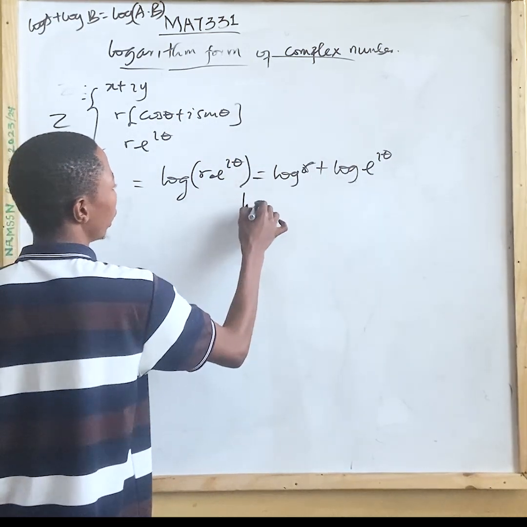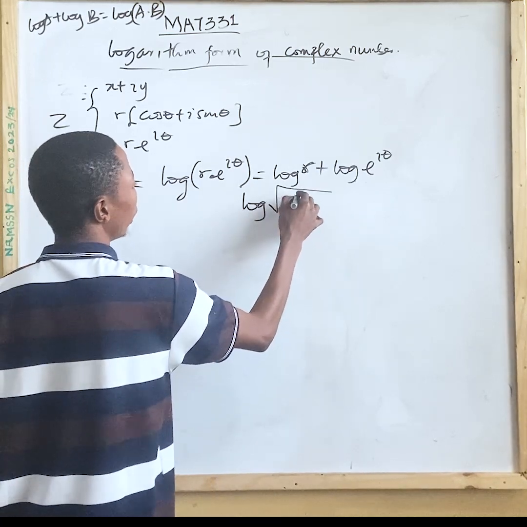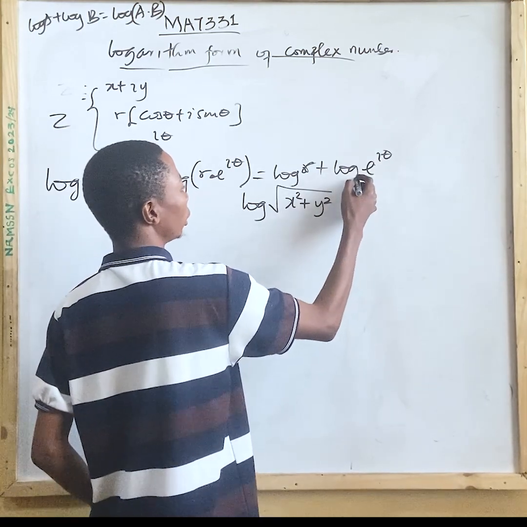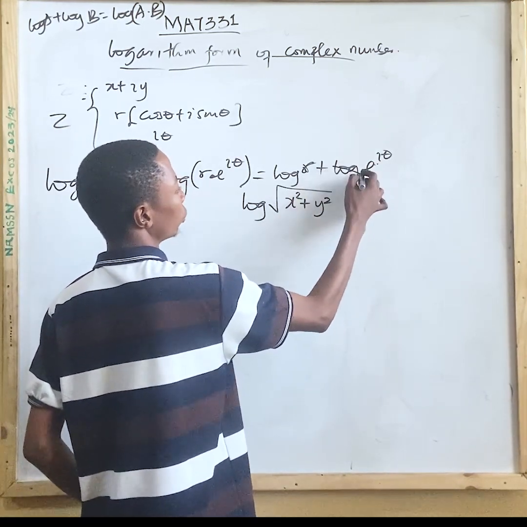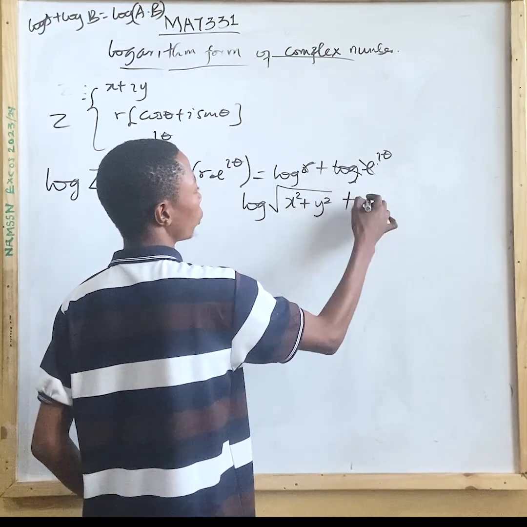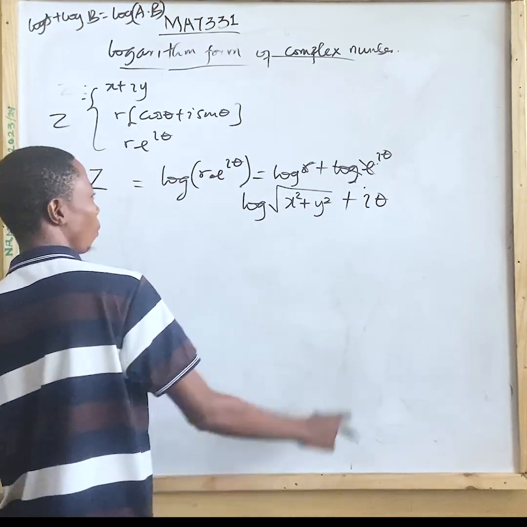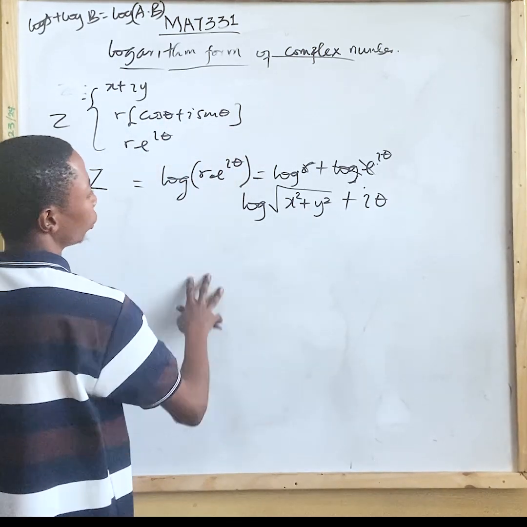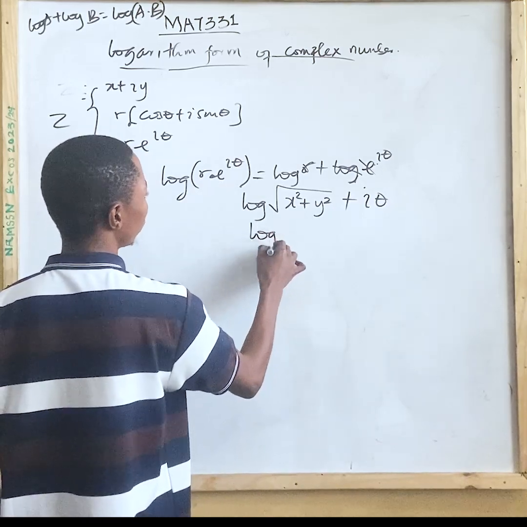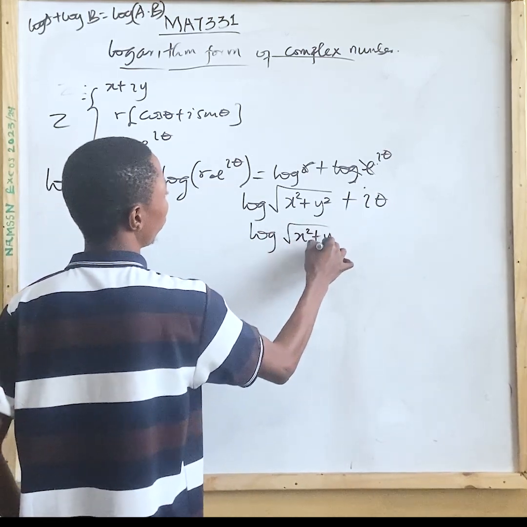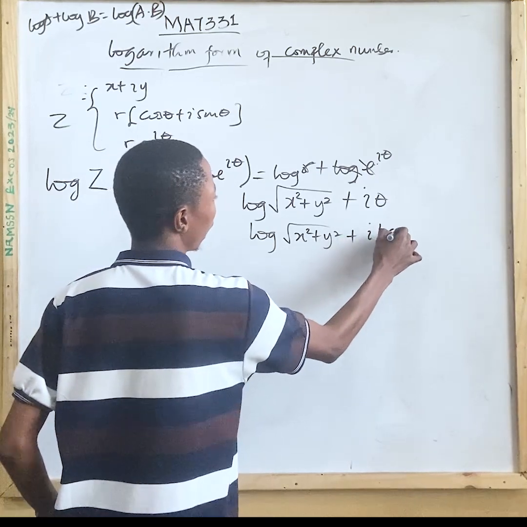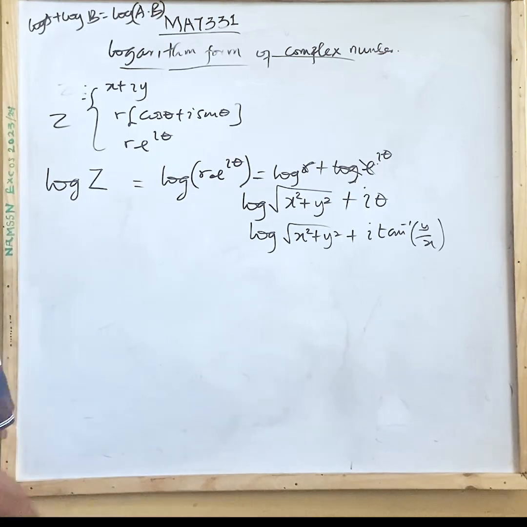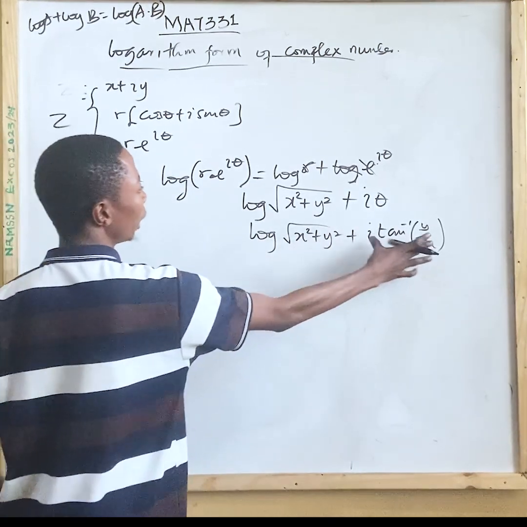So we can express it as log square root of x squared plus y squared. And log and antilog cancel out, so we are going to have plus i theta. And what is theta? Theta is the argument from our previous explanation. So this will be written as log square root of x squared plus y squared plus i tan inverse of y over x.